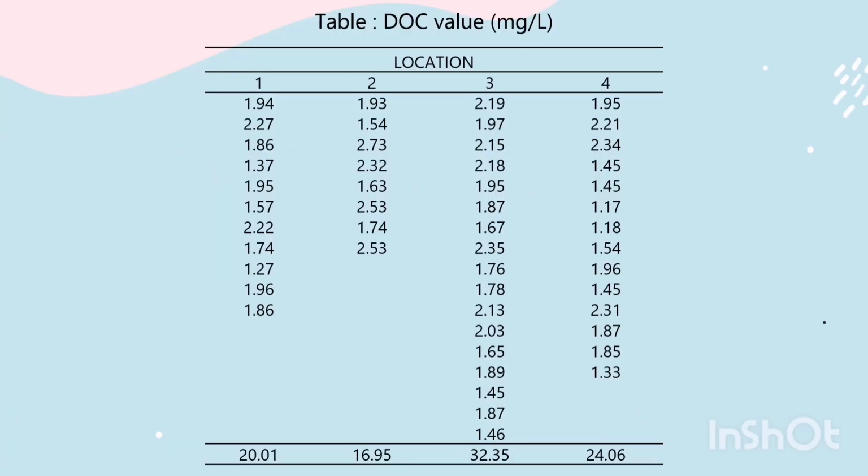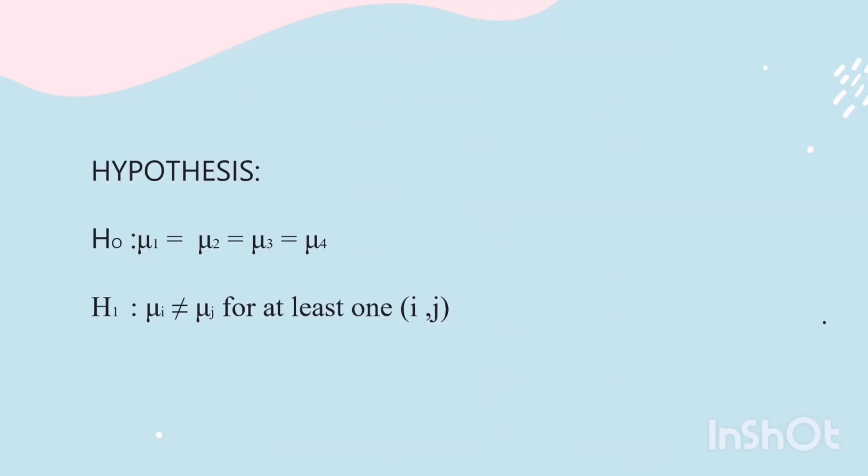Firstly, we separate DOC value from data according to the different locations, which are location 1, 2, 3, 4. Next, for hypothesis testing, we have one factor with 4 levels, so H null is that all level means are equal to one another. For H1, mean i is not equal to mean j, that is, not all means are equal, at least one.